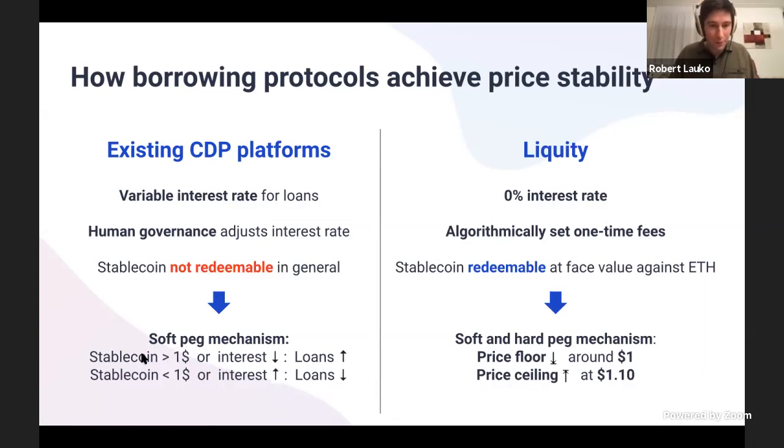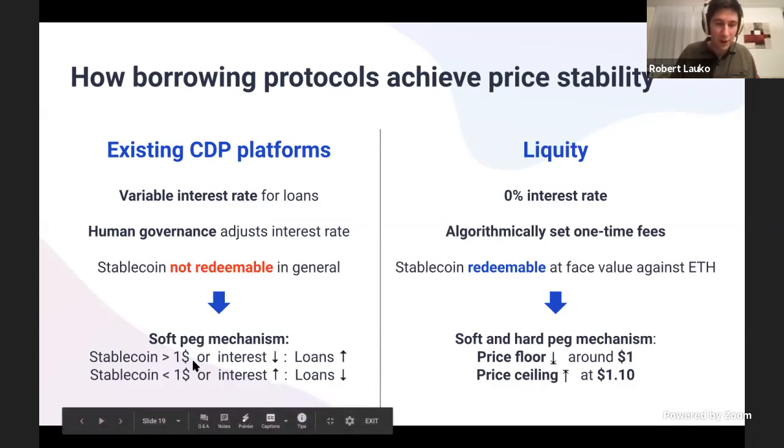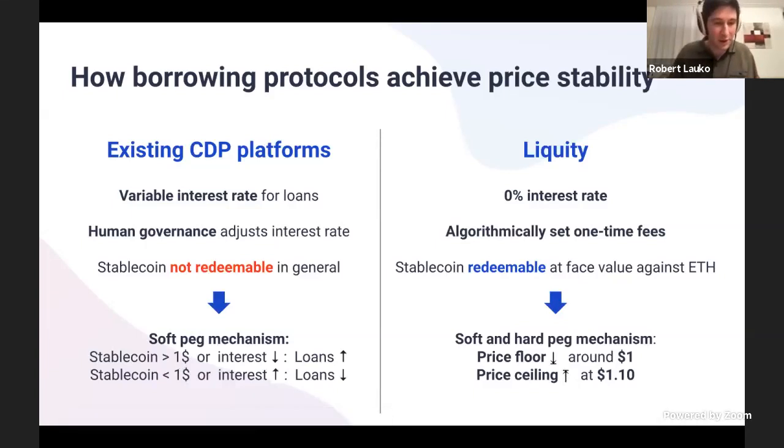And there is also something which I call a soft peg mechanism, which basically involves that whenever a stablecoin has a long-term perspective of being stable and pegged to $1, then if there is a short-term deviation from the peg, let's say slightly above $1, people would have an incentive to take out loans because they would hope that in the future it would go back to $1, so that when they repay their loans, they would need slightly less money to repay their debts.